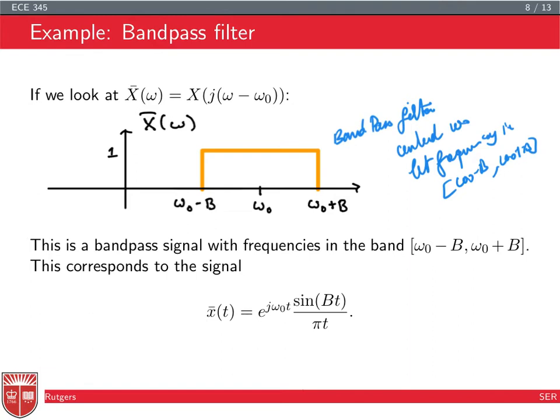So in the time domain, a shift in the frequency domain by omega 0 is a multiplication by e^(j omega 0 t).